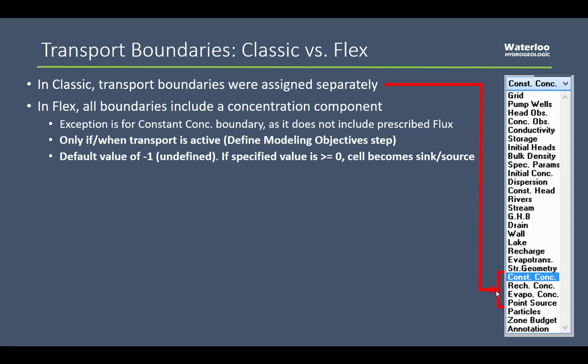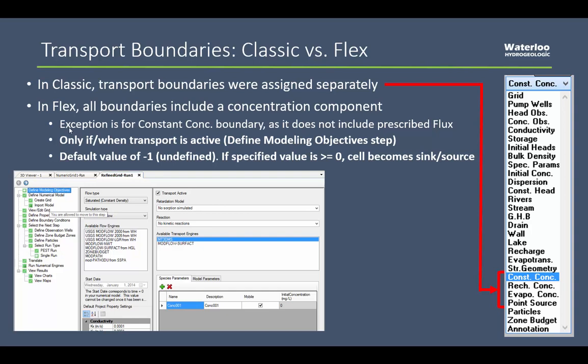In Visual MODFLOW Flex, the moment that your model is converted from a flow model, or the moment that transport is activated, every single boundary condition within the project implicitly becomes a concentration boundary. So all of your flow boundaries will have a new concentration component added to them. The only exception is for constant concentration boundary conditions, since those don't include a prescribed flux.